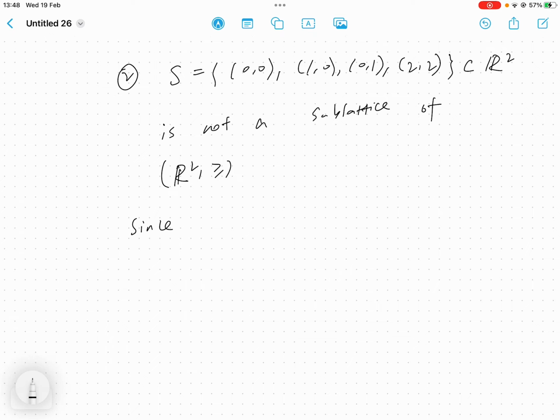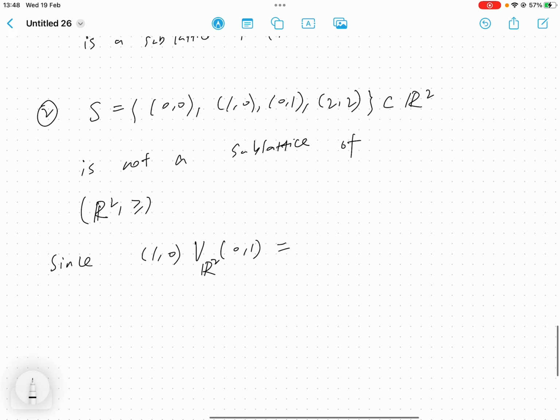This is simply because, for example, the join of 1, 0 and 0, 1, so this is the join over R2, right? So this is very important. That's gonna be the sup of those two, so we're gonna take the maximum, right? So that has to be 1, 1. But 1, 1 is not included in this S, right? So this is not a sublattice.